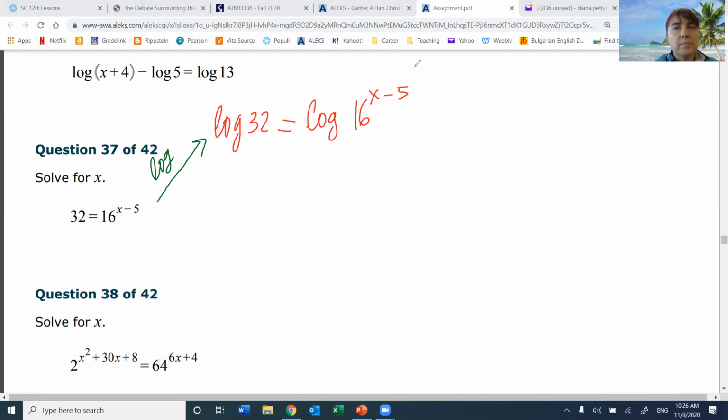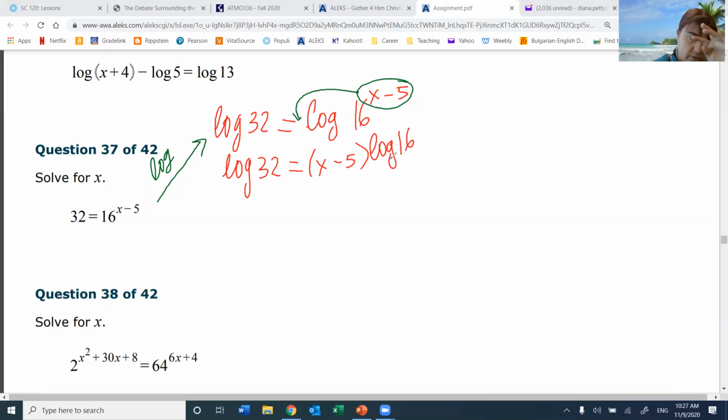She says log 32 equals log 16. When you do this, now the exponent can come in front using the properties of the logarithms. Then divide by log of 16. It's a long thing.